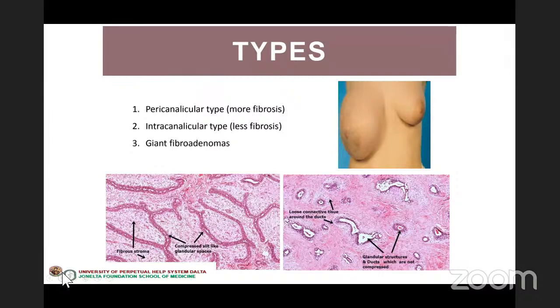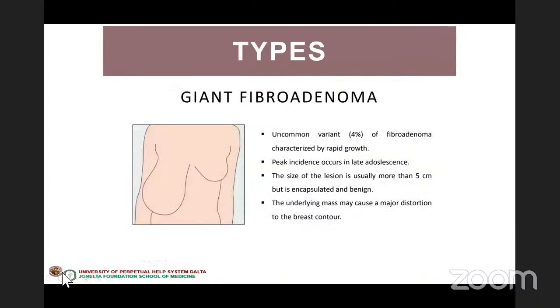This is usually an uncommon variant, characterized by rapid growth. Peak incidence occurs in late adolescence. To consider it a giant fibroadenoma, it is usually a 5 centimeter mass, but encapsulated and benign.